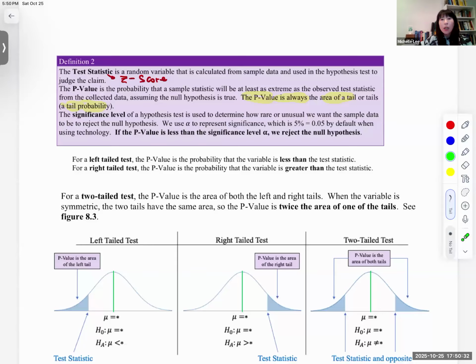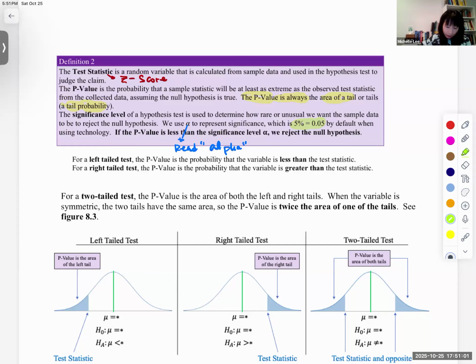So we use the significance level as alpha here. We read it as alpha, and it must be 5%, which is 0.05.